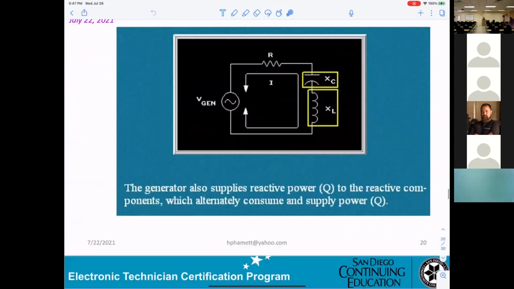Now, the generator also supplies reactive power to the reactive component, which alternately consumes and supplies power Q. That means Q for reactive power.